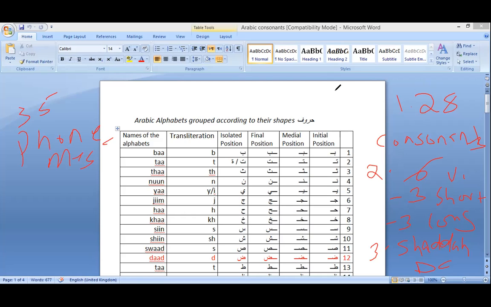A phoneme is a linguistic term. For example, if you say boy, toy, joy, do they mean the same or do they have different meanings? Different meanings.